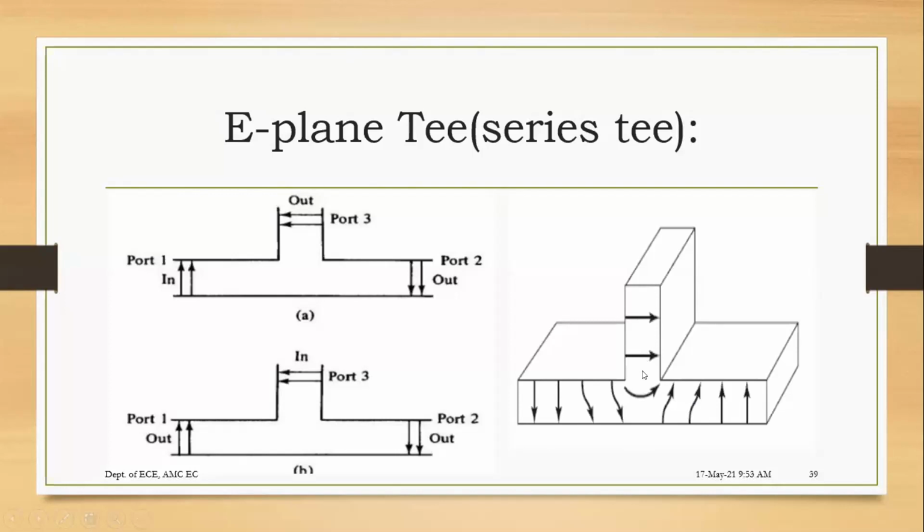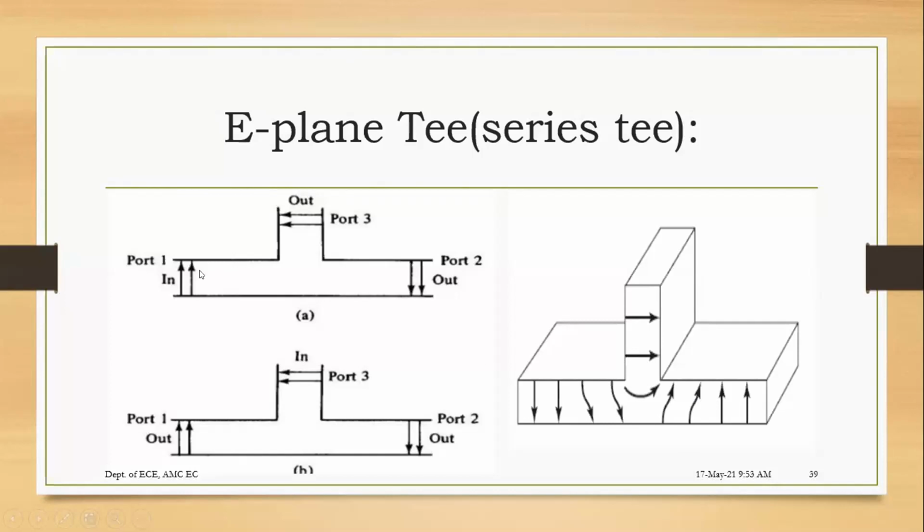Similarly, if you give the input at port 3, again the output here will be different compared to this. Suppose this is the input where you're giving. See the direction at your port 1 and port 2. The direction changes because of your TE10 mode, the dominant mode. So you will have opposite phase for the E-plane T, whereas the magnitudes will be the same.